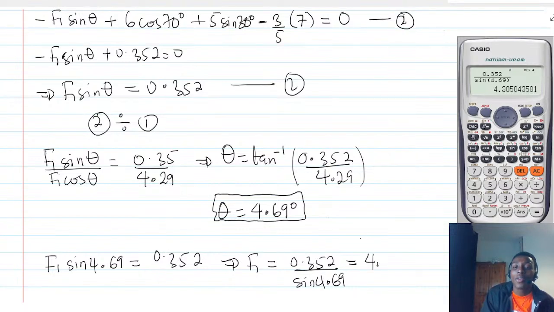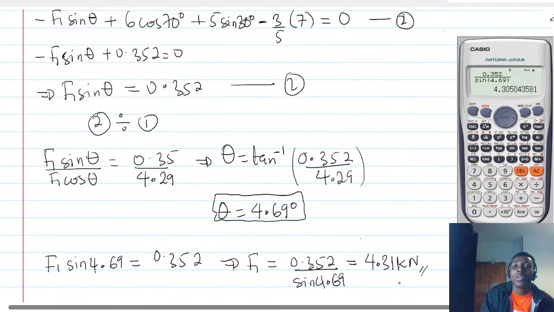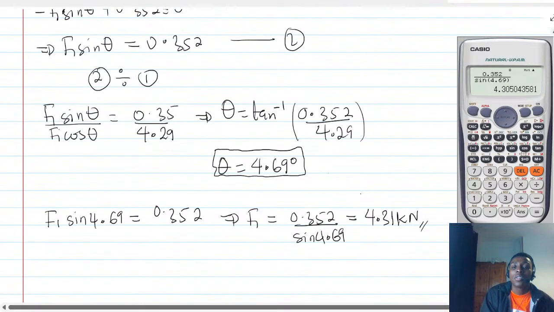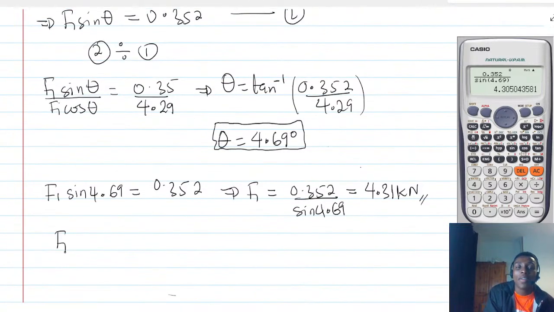Let's say 4.31 kilonewton. So now we have the force F1 as 4.31 kilonewton.